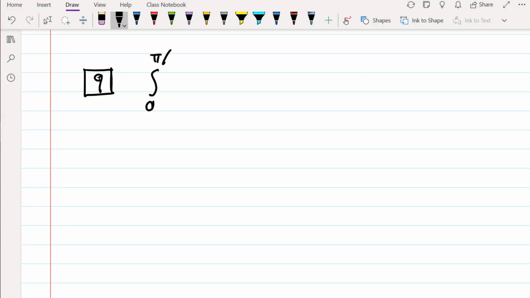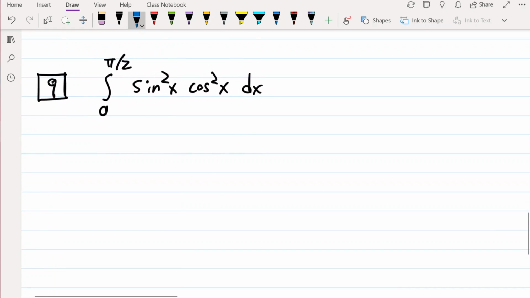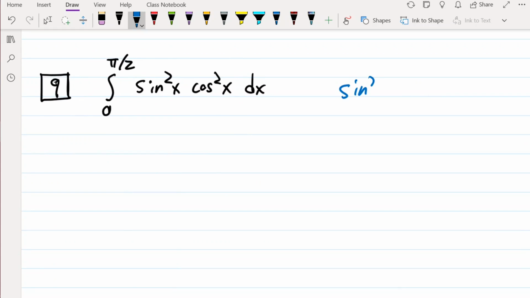Zero to pi over 2 of sine squared x cosine squared x dx. So let's see, sine squared x equals 1/2 of 1 minus cosine of 2x.